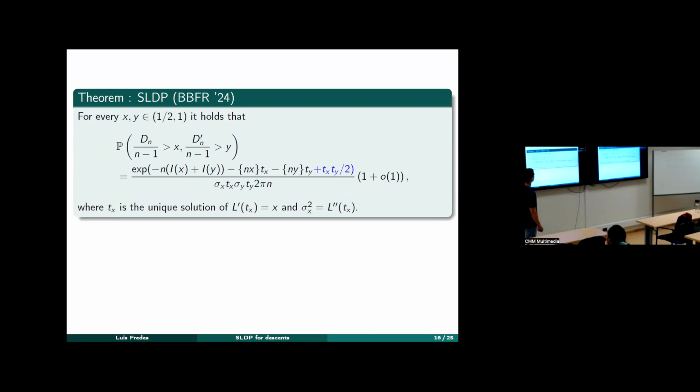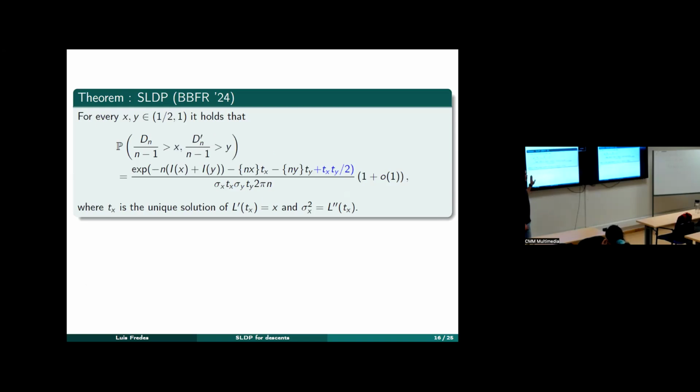We have this description right here, so we can give the behavior of the pair when they are both above, and there is another correction term that appears here, which is the tx ty. Still, the tx and the sigmas are defined as before, and there is a little difference.